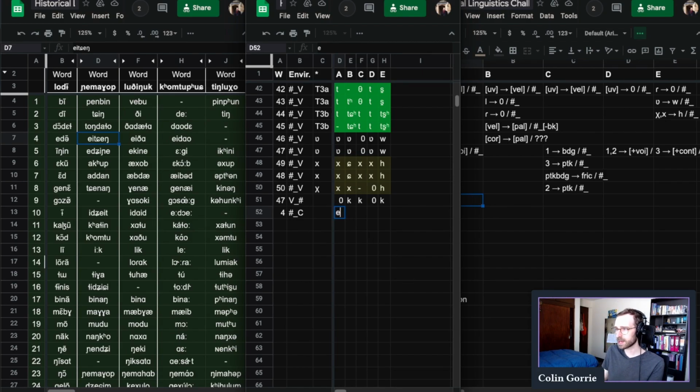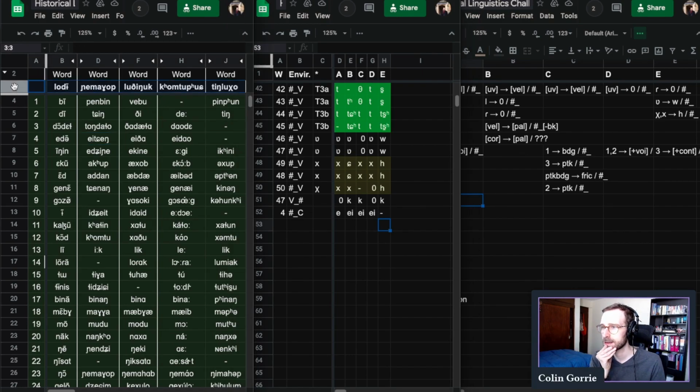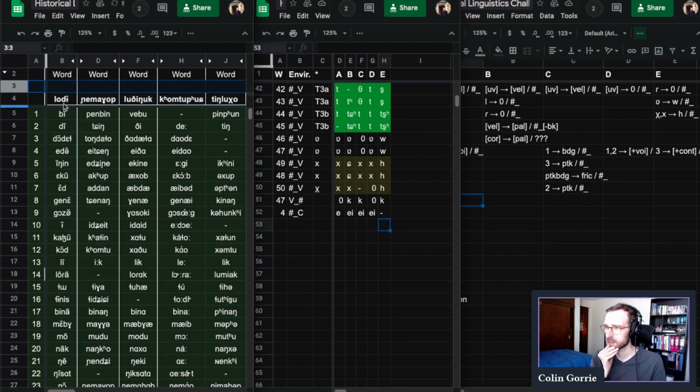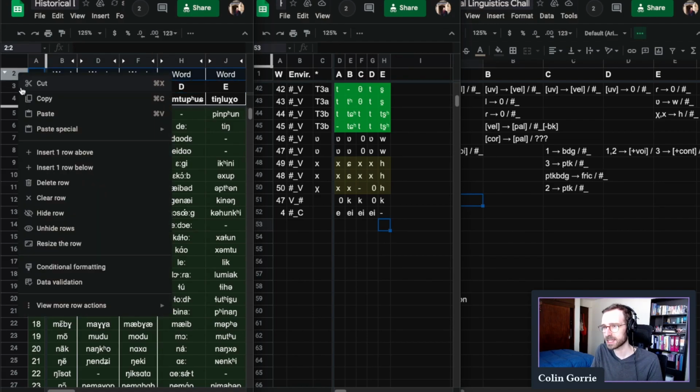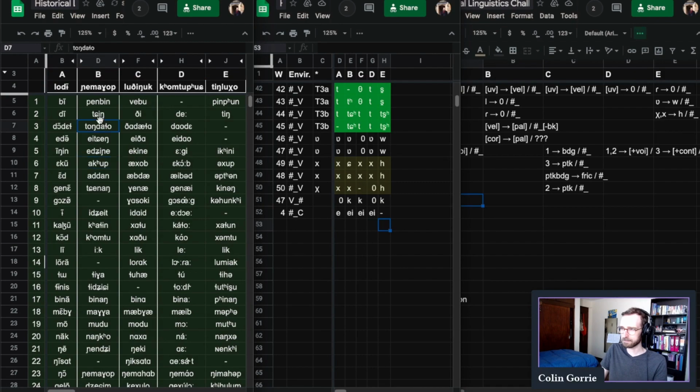So in A we have E, in D we have A, in B we have A, in C we have A, in D we have A, and in E we have no reflex. So let me just, to make things a bit easier, put A, B, C, D, E in there. And I will hide this row. Great. Okay.